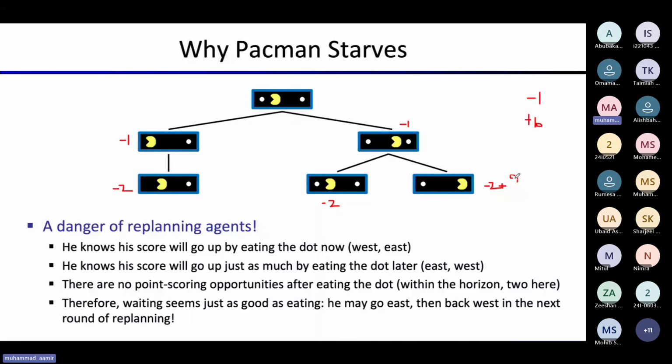Let me raise that, very hard to write here. Okay, so -2 plus 10, and you will get the final score of +8. Sorry, we have written something wrong here. There was the white dot at this state. So it will be -1 plus 10, and you will get the score of 9 at this state.